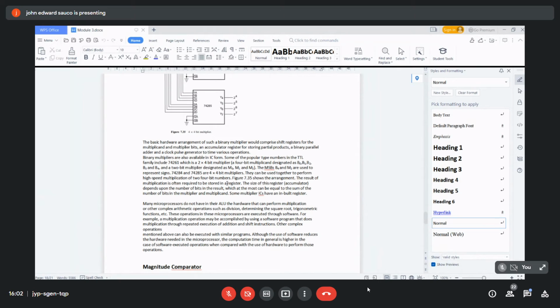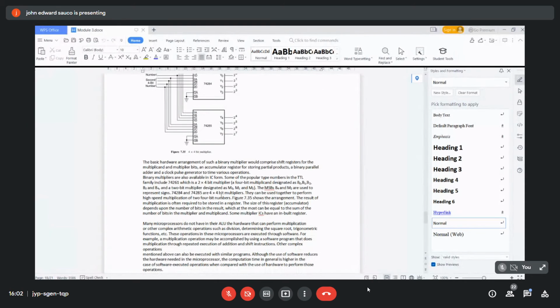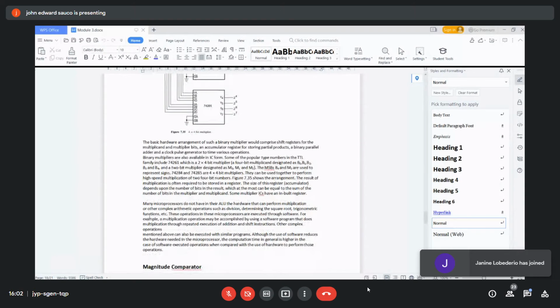Which must be equal to the sum of the number of bits in the multiplier and the multiplicand. Katumbas siya ng sum ng multiplier and multiplicand. So, 4 by 4 is 8. So, some IC have an inbuilt register. Meron sariling accumulator yung IC.